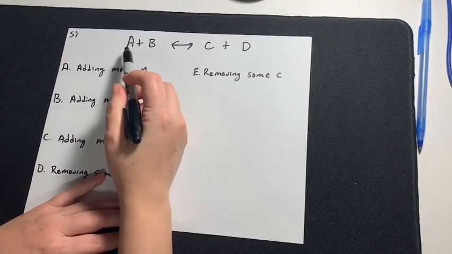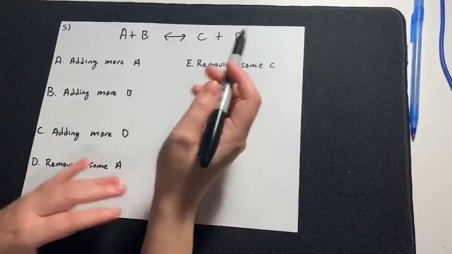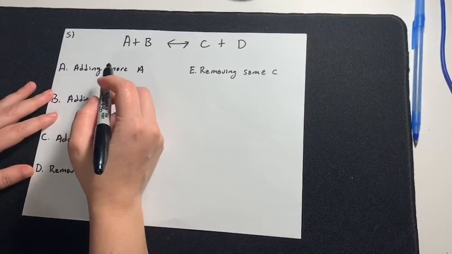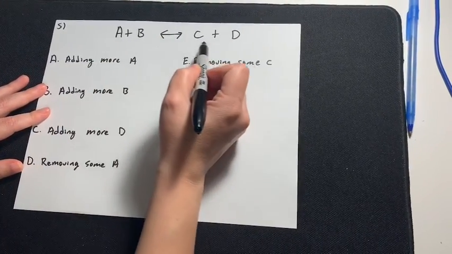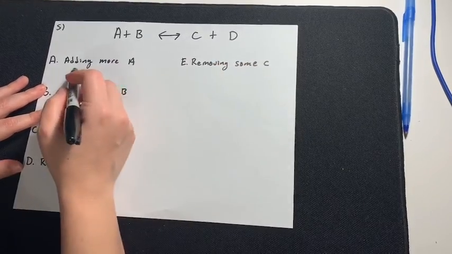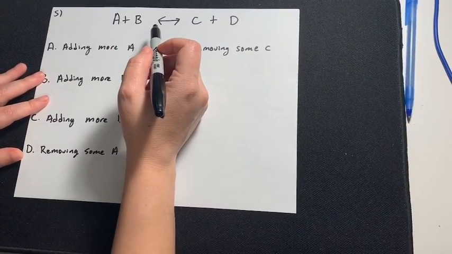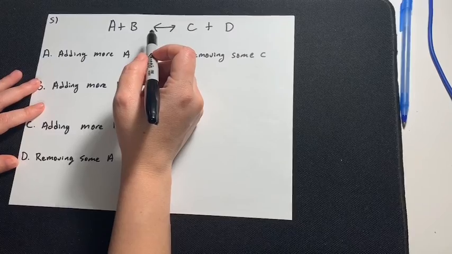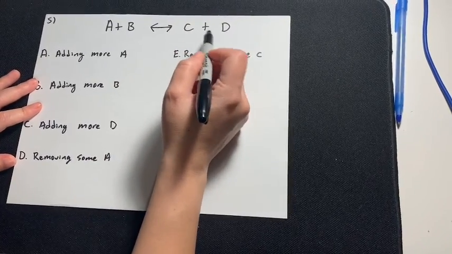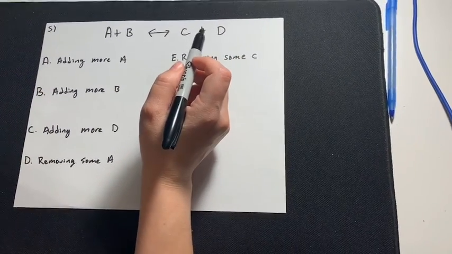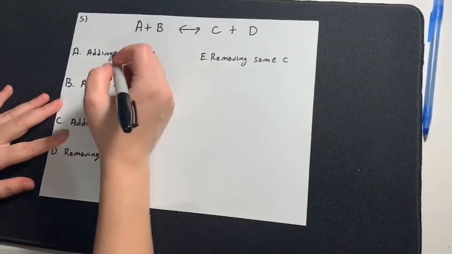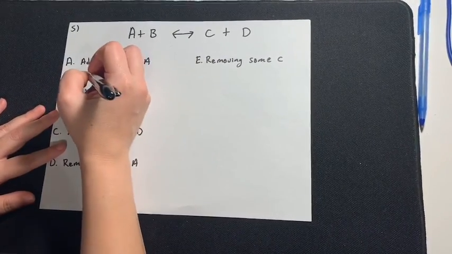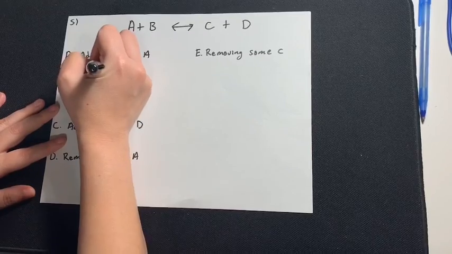So if we add more A to the solution here, the principle says it's going to shift over to the right. It's going to shift over to the right and try to create more products to maintain equilibrium. So here we'll go ahead and put, it's going to shift right.